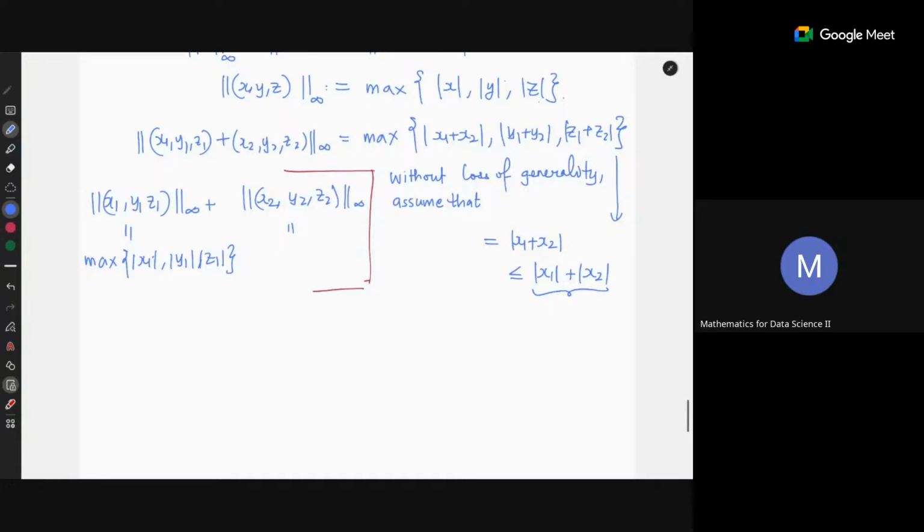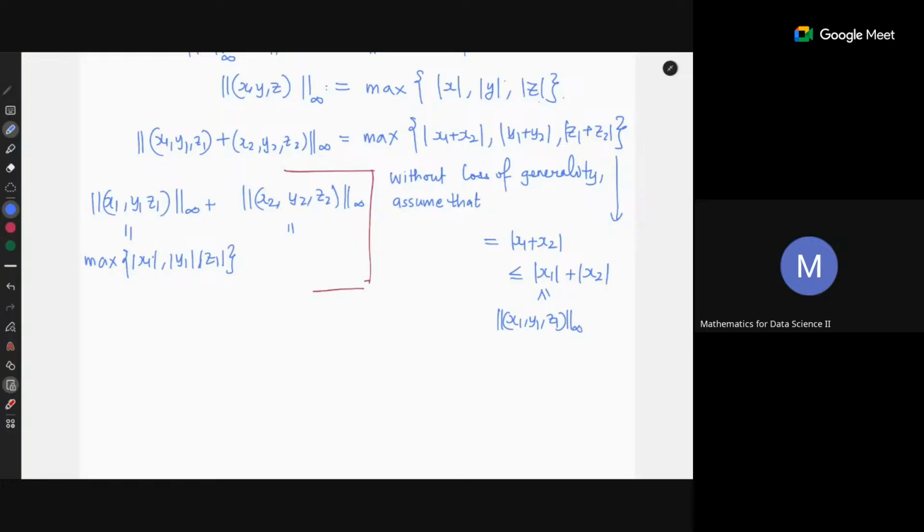Now we know that x1 will be smaller than or equal to the maximum of x1, y1, z1.